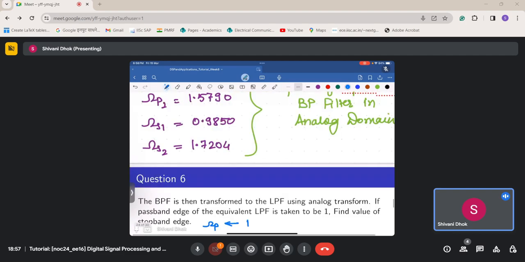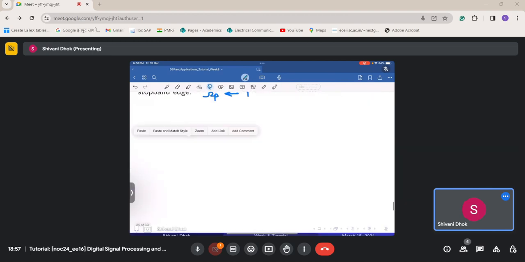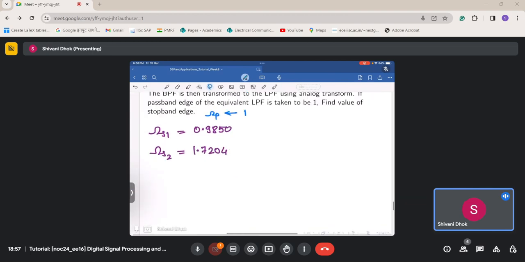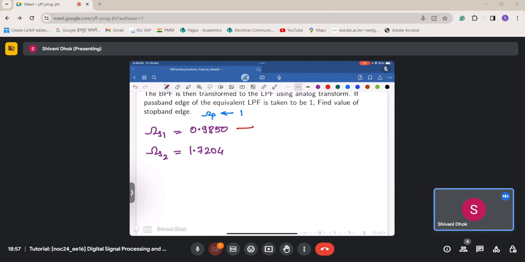Now we are having two stop band edges, and both of these should give us omega ls1 and omega ls2, and we shall choose omega ls as the minimum of these in magnitude.